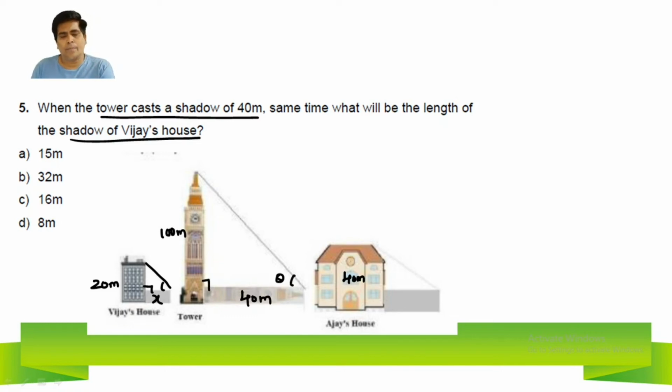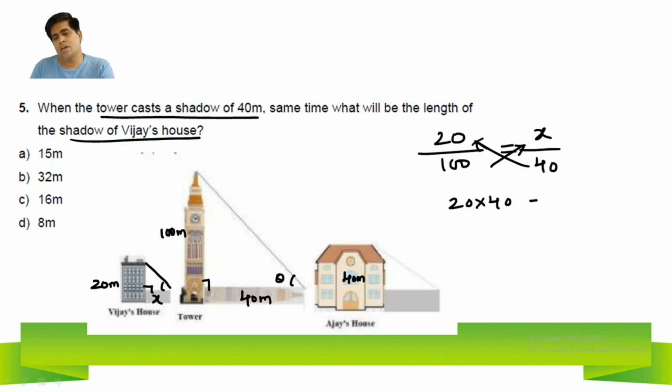I can compare. So Vijay's house height is 20 and the tower height is 100, is equal to the shadow of Vijay's house x, shadow of the tower is 40. He has given that in the question. Again, cross multiply it. So 20 into 40 is equal to x into 100.